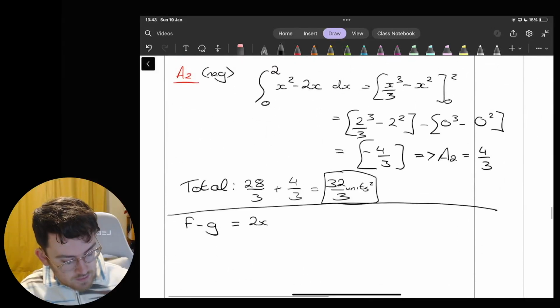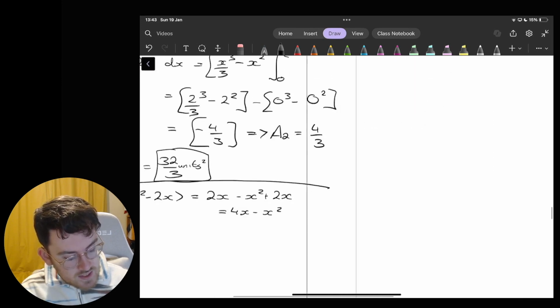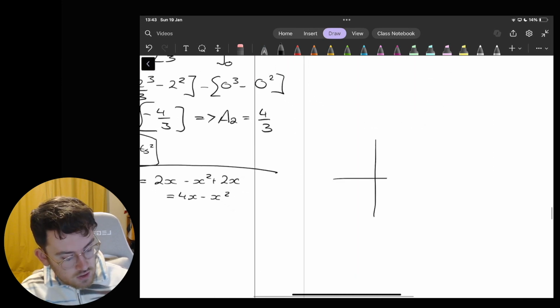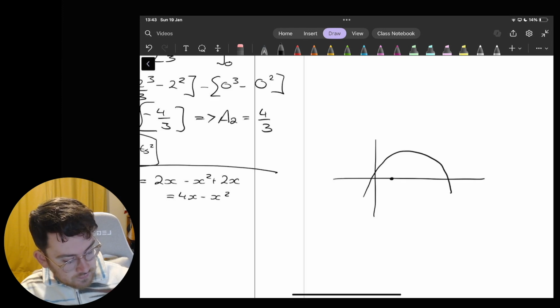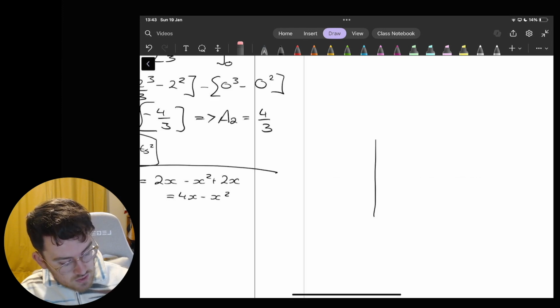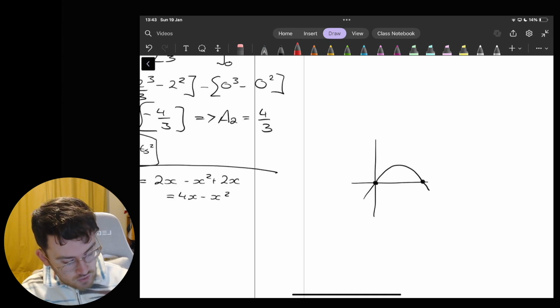So 2x minus x squared minus 2x, which gives me 2x minus x squared plus 2x, so 4x minus x squared. It's a negative quadratic, which means it's going like this, and its roots will be the points of intersection of the two curves that we're looking at. So roots 0 and 4.